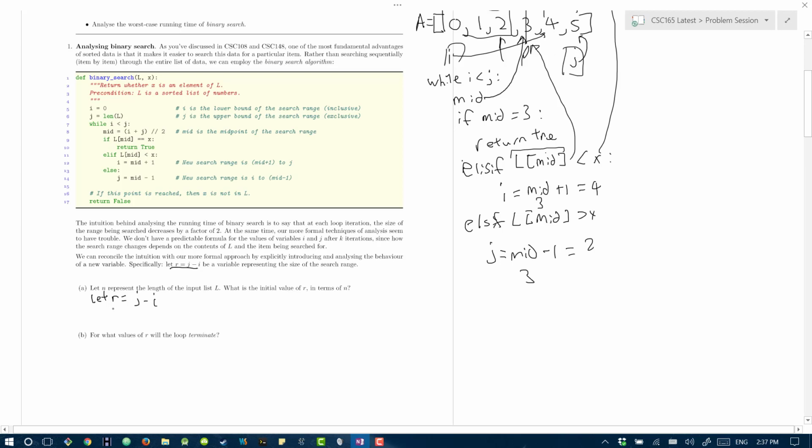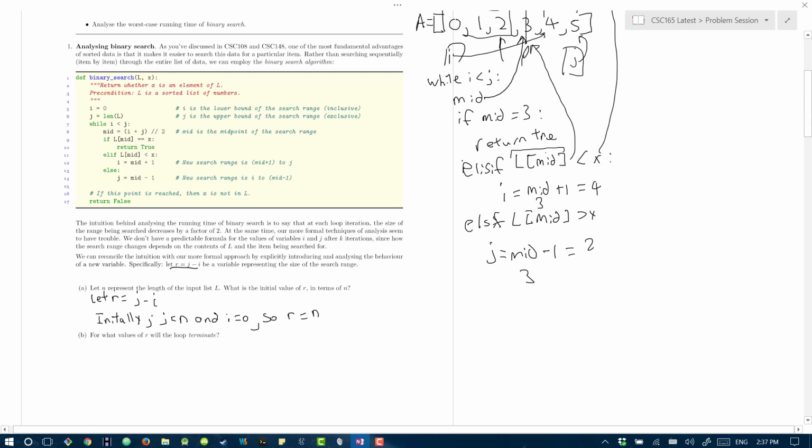This question is asking what's the initial value. Initially j equals n and i equals 0. So r equals n.